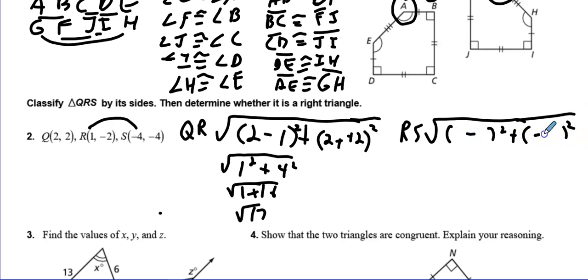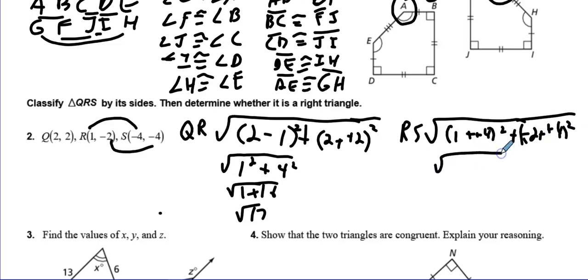And put those minus signs in there so you remember. So when I put in 1 minus negative 4, I'm going to get that double negative and turn it into a plus. And then negative 2 minus negative 4, that's going to become a plus also.